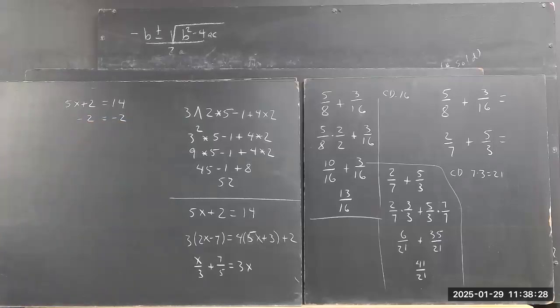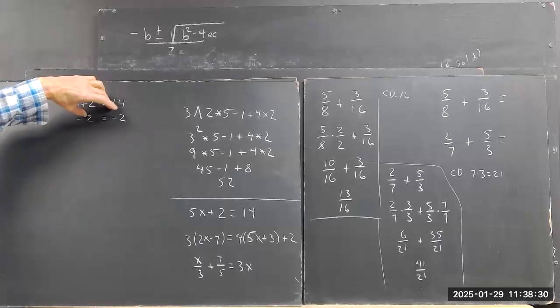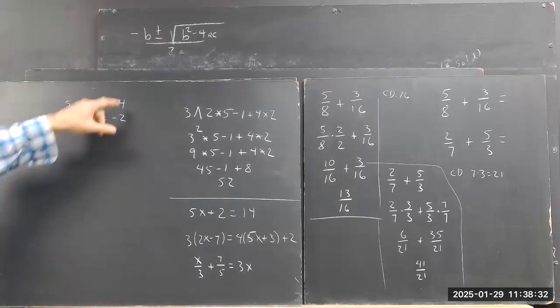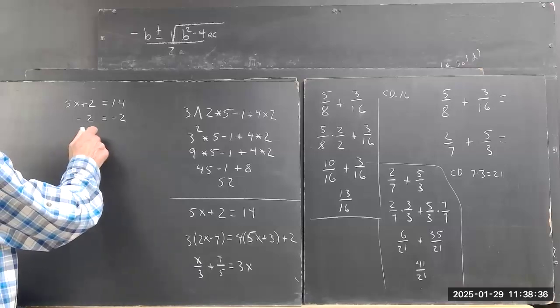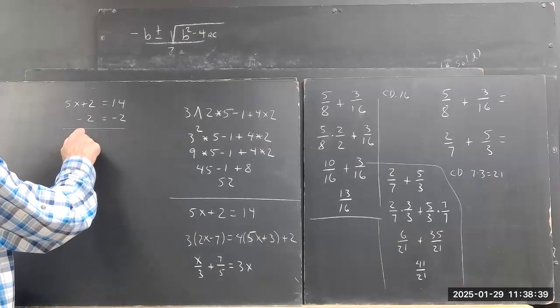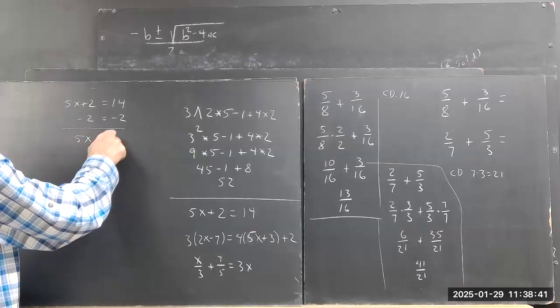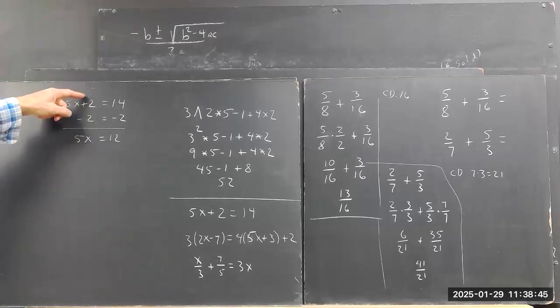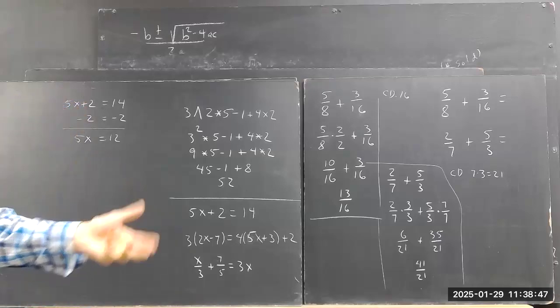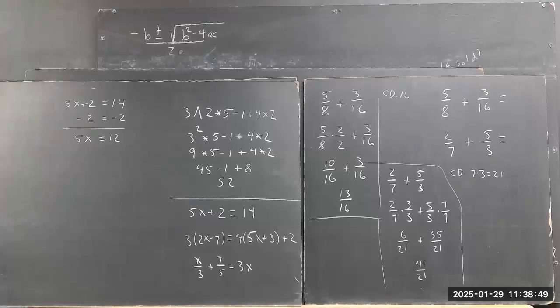Okay? If these two are equal and these two are equal, if we add equals here to the same equals over here, we get the same thing. So we add those and we get 5x equals 12. Because, of course, 2 and minus 2 gives us 0. So you don't have to write down the 0.